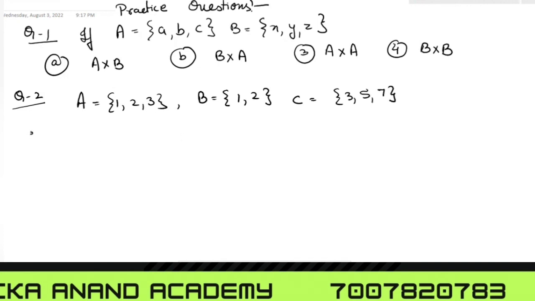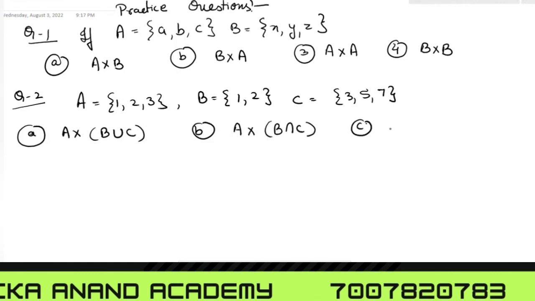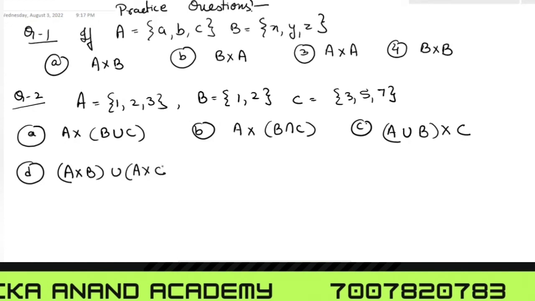Now you have to find A cross B union C, A cross B intersection C, then A union B, then cross C, then A cross B union A cross C, then A cross B.